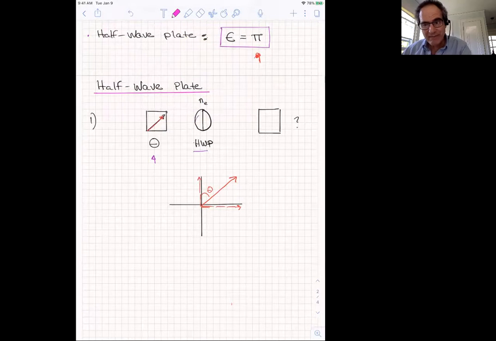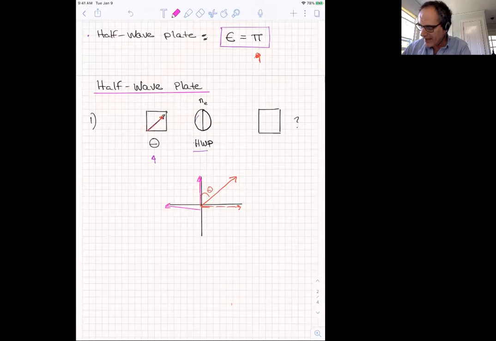So that after we've passed through the plate, we'll find the following. The component parallel to the optical axis might be unchanged, but relative to that, the component perpendicular to the optical axis will be shifted in phase by 180 degrees, by pi radians, which is equivalent to changing the sign.